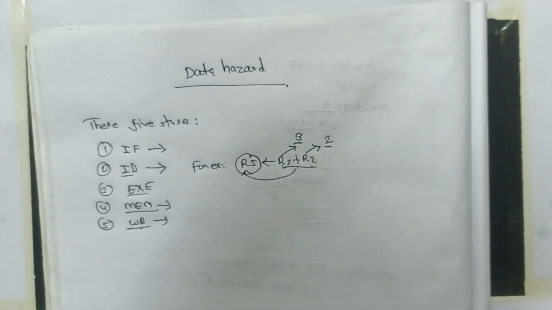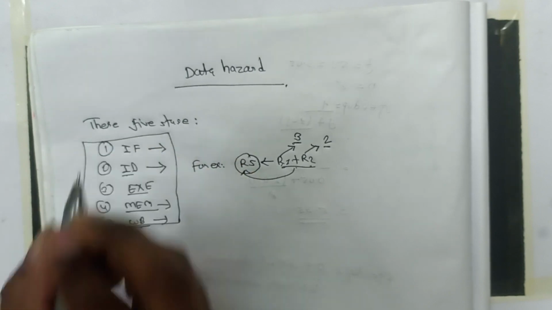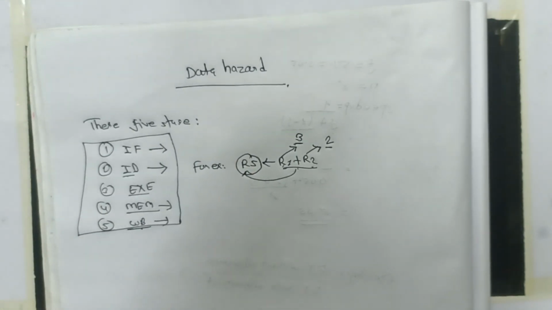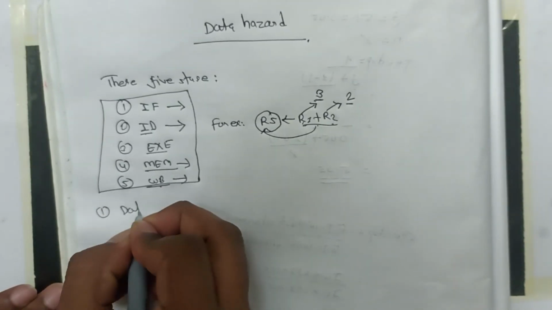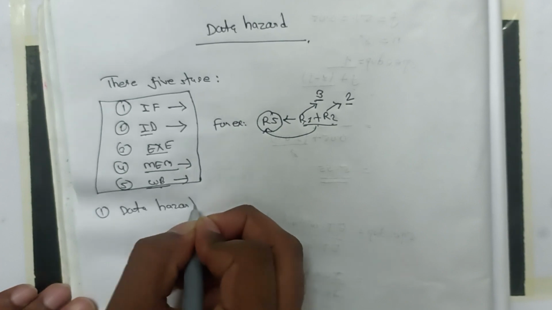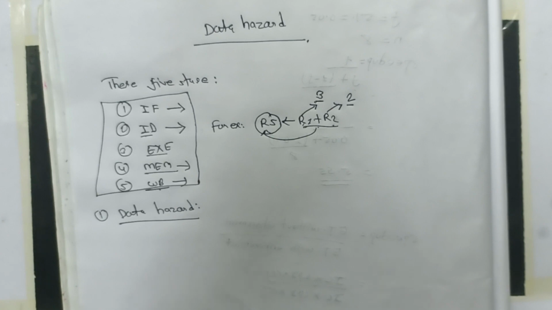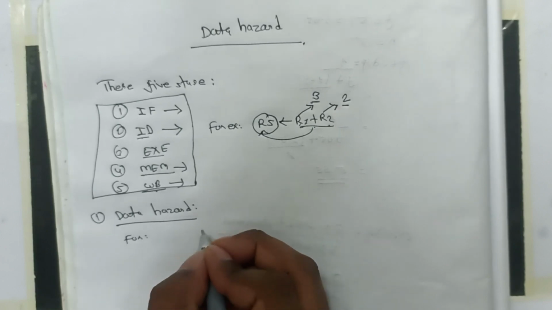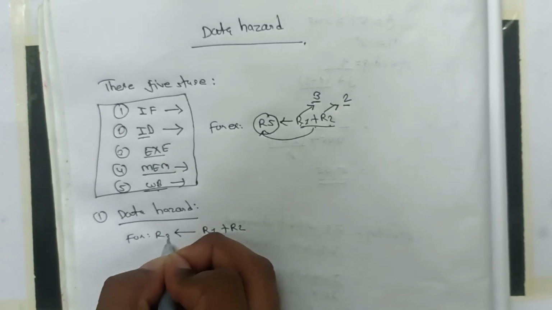This is the point you have to remember during the numerical of data hazard. Let's see what is data hazard. Simply, data hazard occurs due to the data dependency among the instructions. For example, instruction 1: R1 plus R2 is stored in R3.